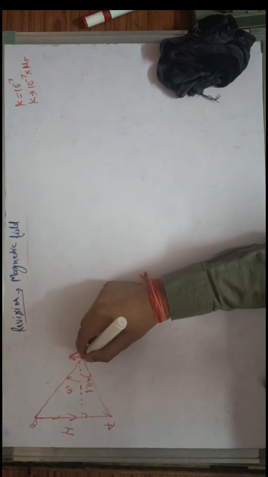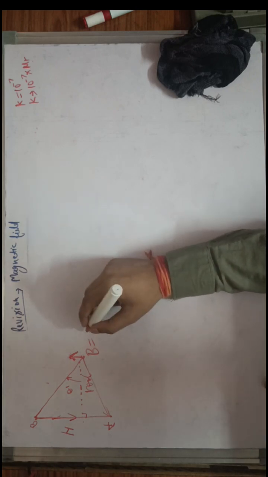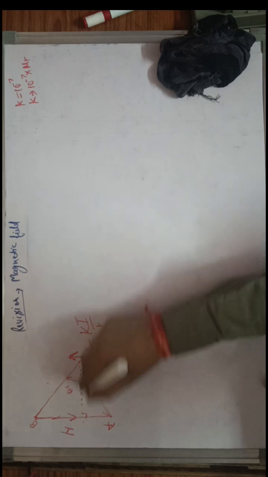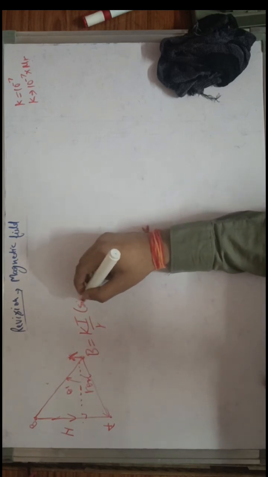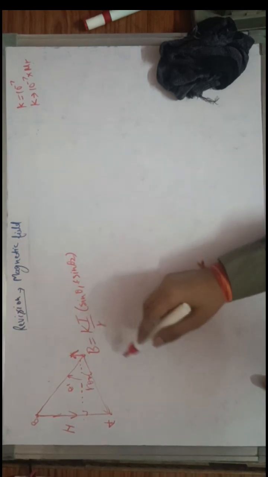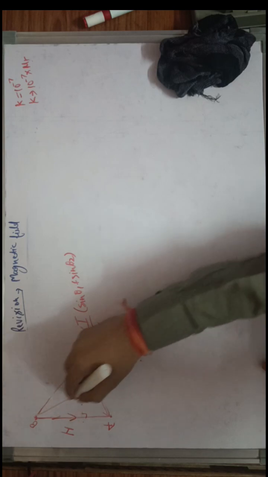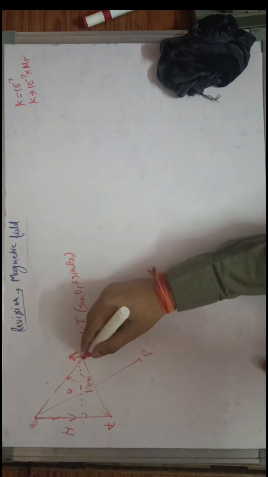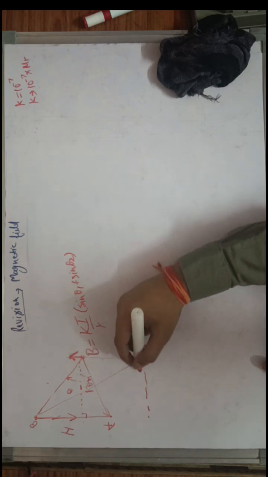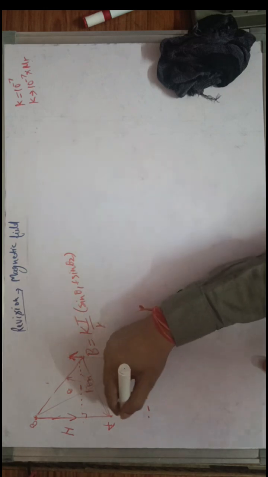And the formula of magnetic field at this position B is equal to simply K times I divided by this length R, bracket sine theta 1 plus sine theta 2. And if this point P lies here, then this angle would be equal to this angle theta, taken as positive.